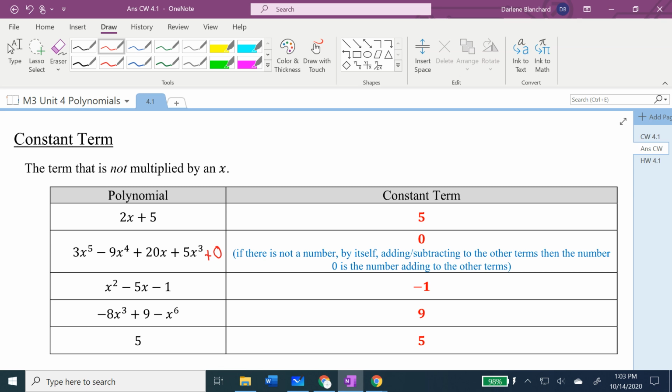Now, that oddly arranged polynomial, the constant term is 9. It's just written in the middle of everything. And then if your polynomial is just a number, then that number is the constant term. What if there are multiple constant terms? Then you have to add them together, and their sum is the constant term.